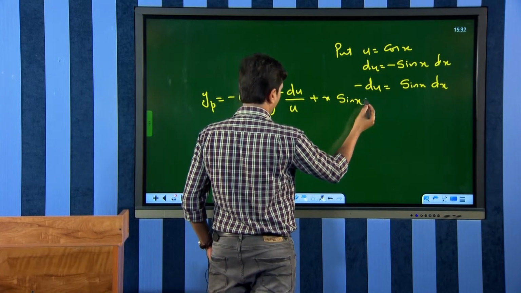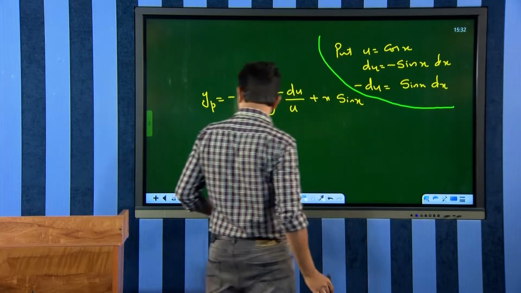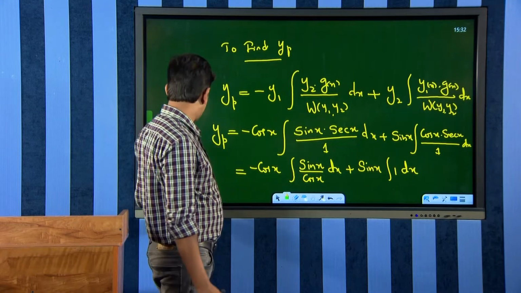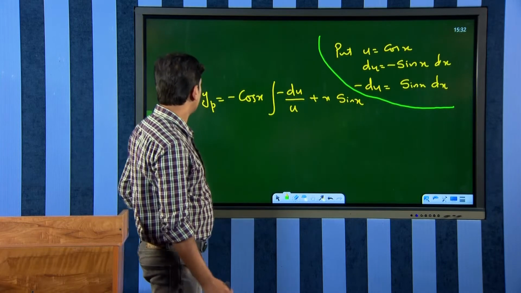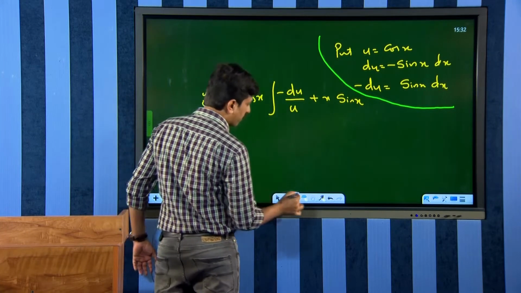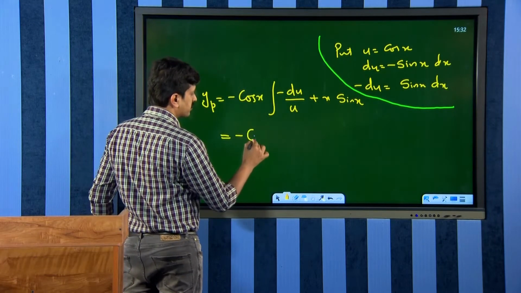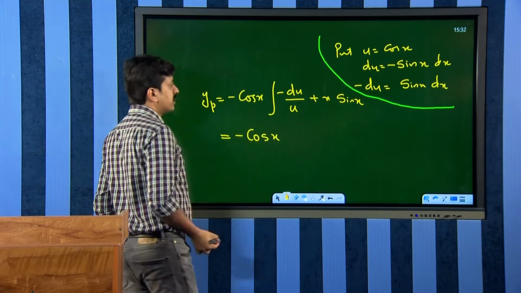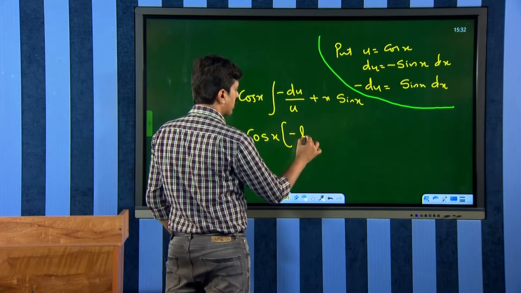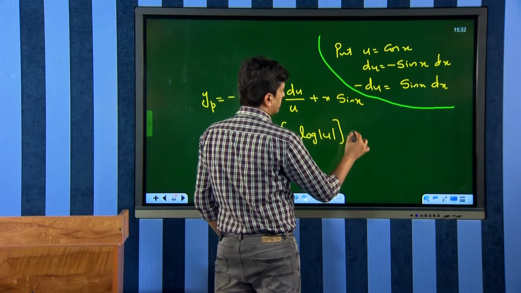So we have minus cos x into minus log mod u plus x sin x.